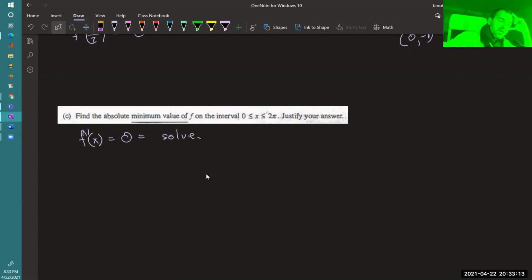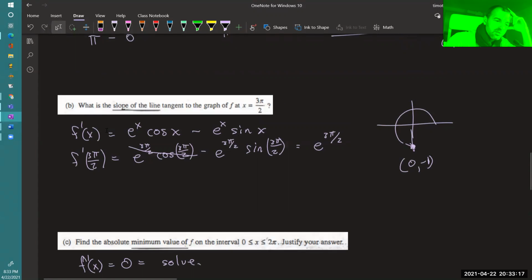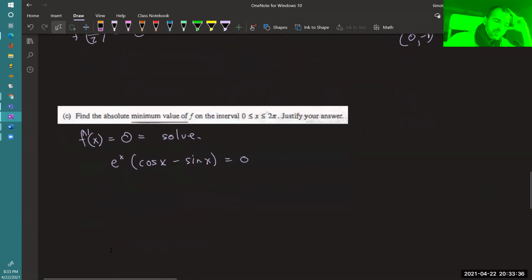All right. So f prime, do I already have that? I do. It's up here. So I'm going to take that and set it equal to 0. So it's going to be e to the x, then I've got cosine x minus sine x equals 0. I just factored out my e to the x there.